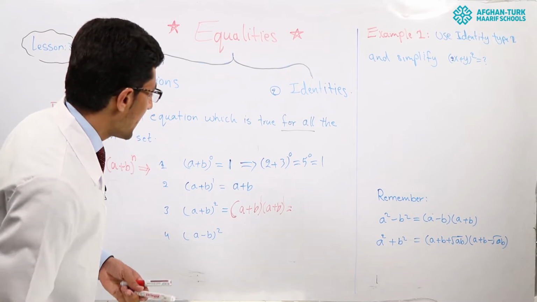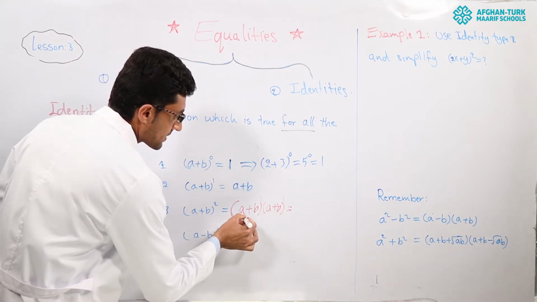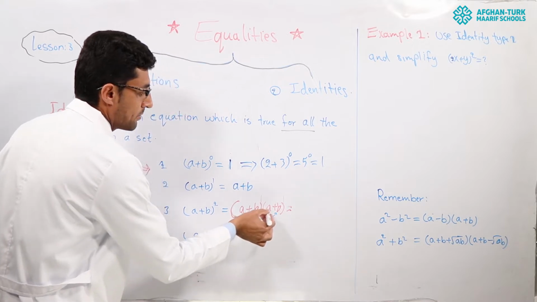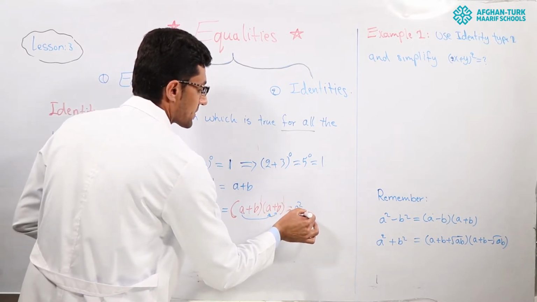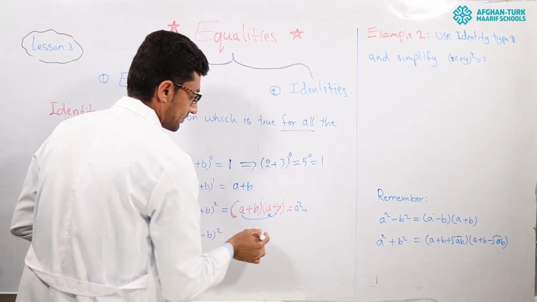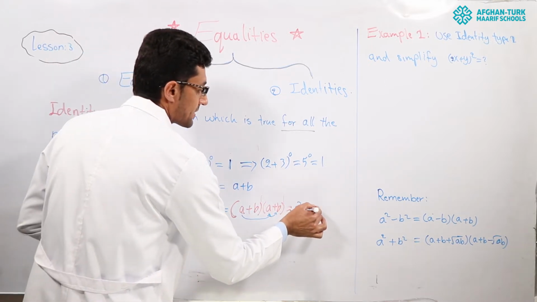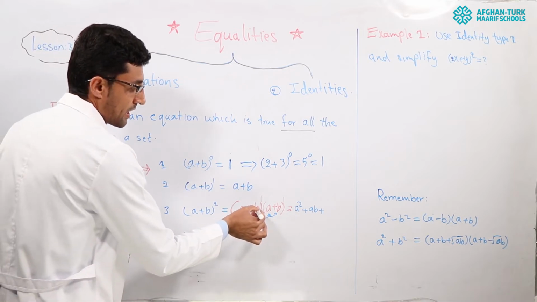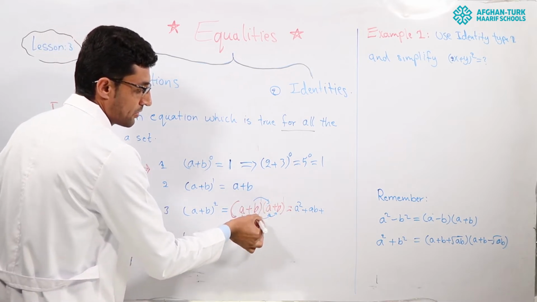Okay? Now, at first I multiply a to both of them. A multiple a is a square plus a multiple b is ab plus. Now the second one, b multiple a.